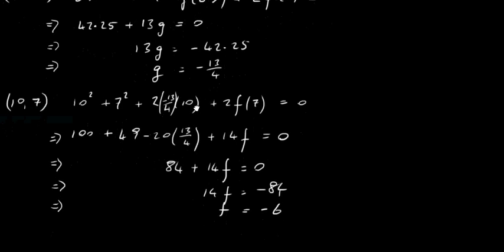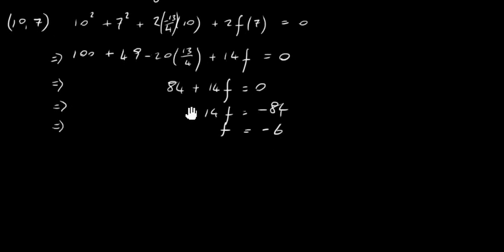So finally then that will give me the equation. Hopefully, let's just write it all down. Remember, the equation of the circle was x squared plus y squared plus 2gx plus 2fy plus c equal to 0.